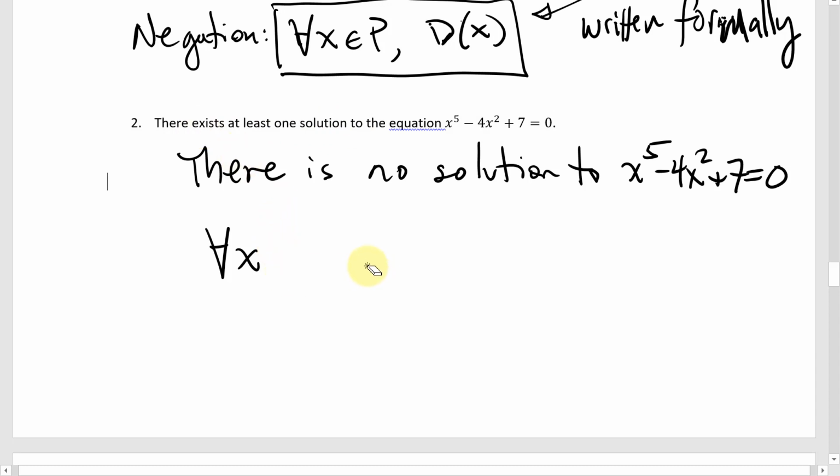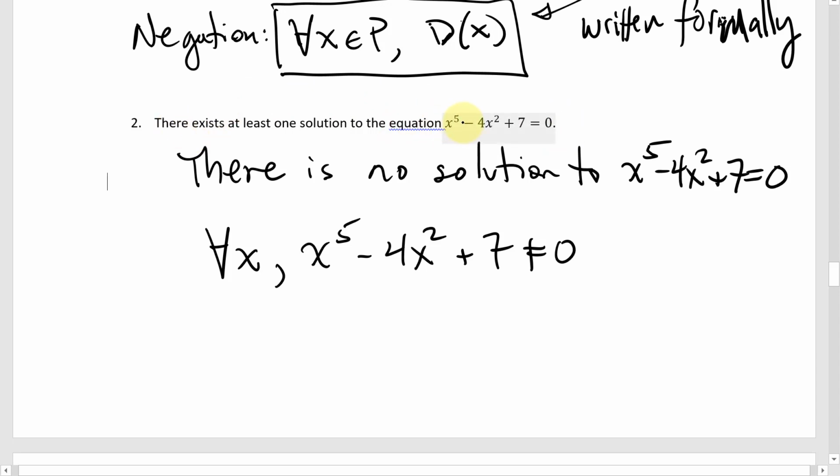So we'll just say for all x, meaning numbers, and then we could negate this statement by just saying x to the fifth minus 4x squared plus 7 not equal to 0. So that is, there's no solution for all x's. This can be made more precise by specifying some domain.